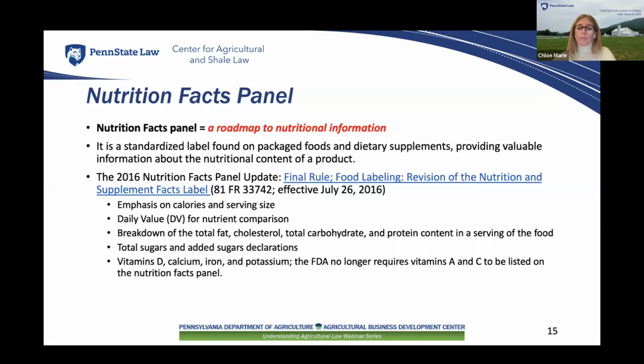The label also lists the amount of each nutrient in a serving of the food compared to the daily value. This includes total fat, cholesterol, total carbohydrate, and protein. Additionally, the label now includes information about total sugars. That includes natural and added sugars, along with the declaration of the added sugars below the total sugars.